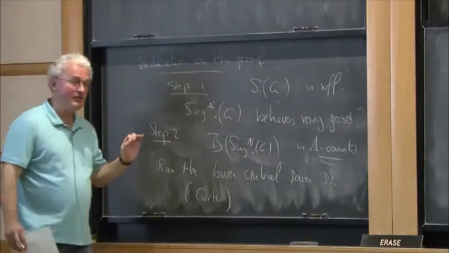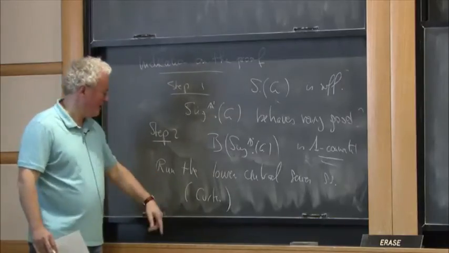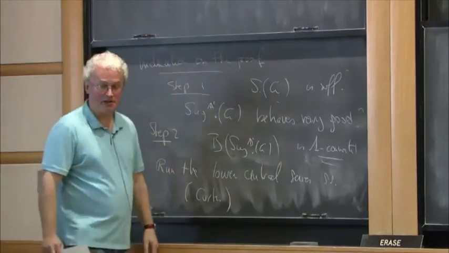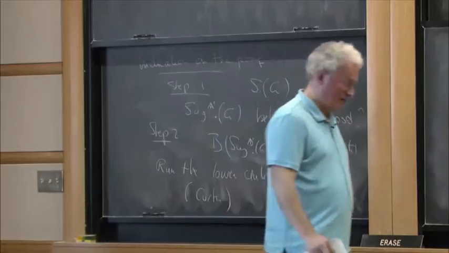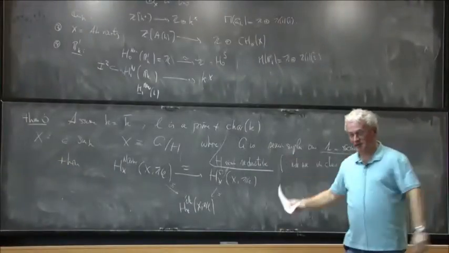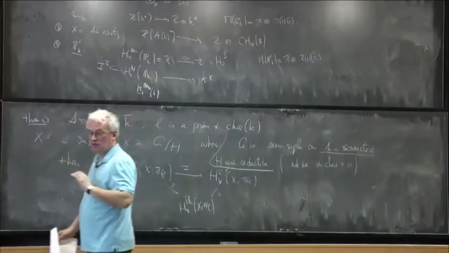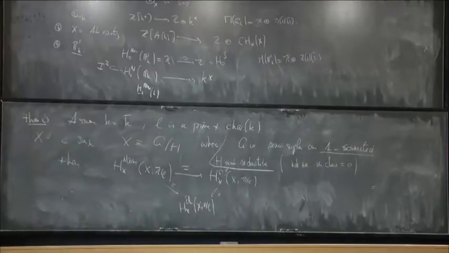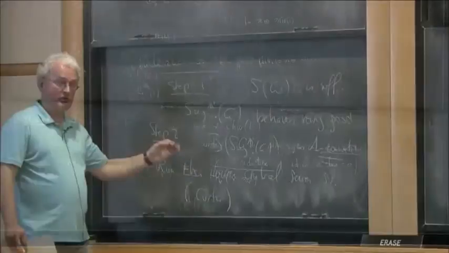Then you can filter this free sheaf of groups term-wise by the lower central series filtration. The iterated filtration: the first is the derived group, the bracket of G, then the bracket of DG, and so on. What he proved is that this converges strongly, because of this assumption of being one connected. The group here, when you take the loop, is zero connected, and this spectral sequence converges strongly.